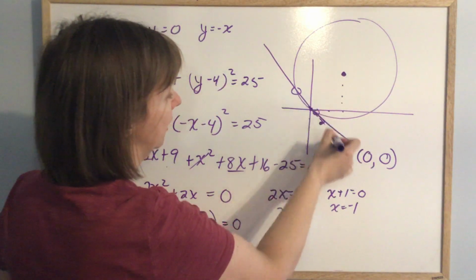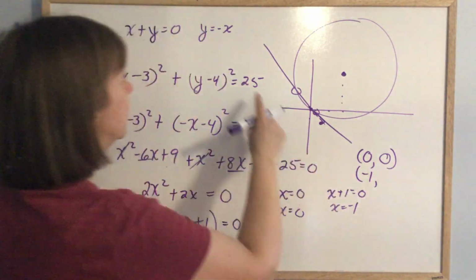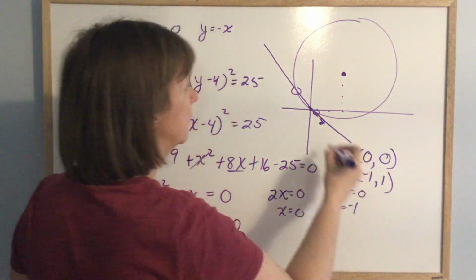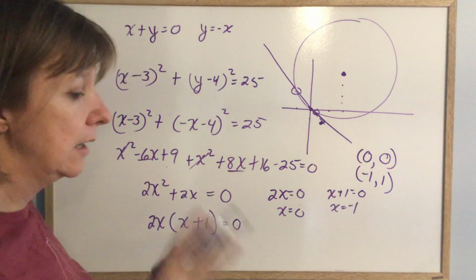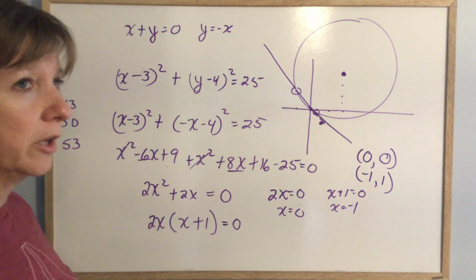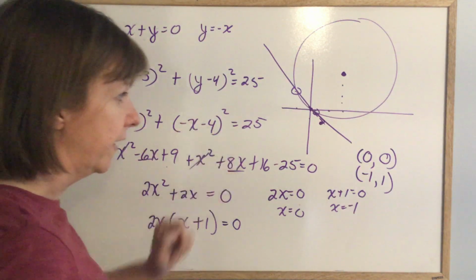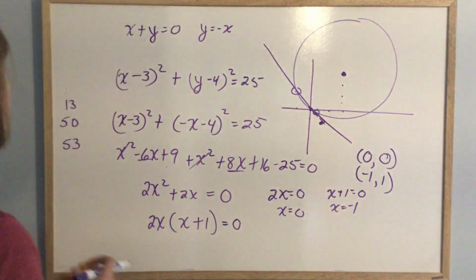It kind of looks like my line's going through that 0 and 0. And if x is negative 1, y would be positive 1. And that kind of makes sense, back 1 over up 1. So again, kind of makes sense. Even with just my quick sketch, it at least makes sense. And that's what I would get. I didn't even need to round it off to nearest tenth because it worked out nicely.